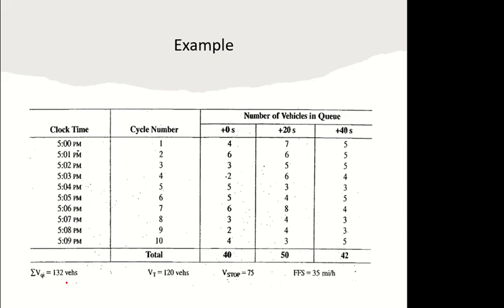How come the number of vehicles in the queue is more than the number of vehicles that came to the intersection? How is this possible? Anyone?